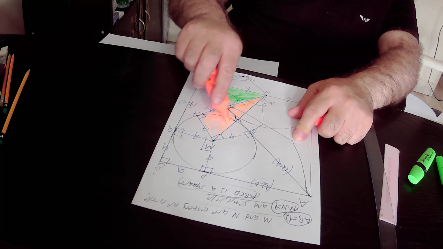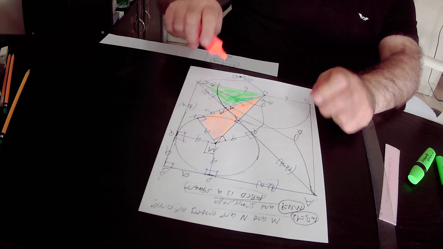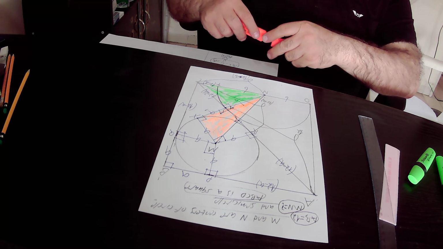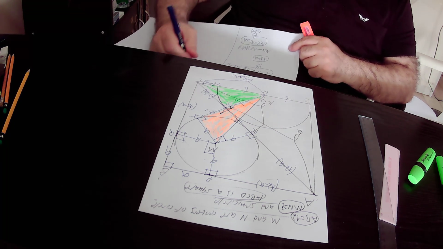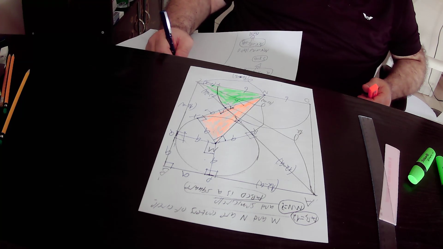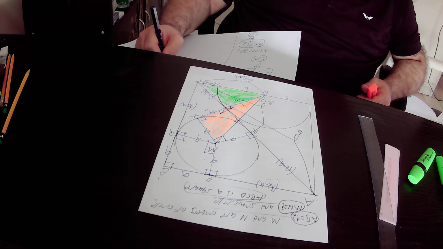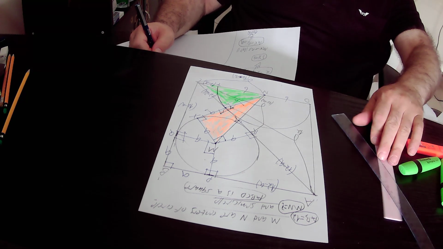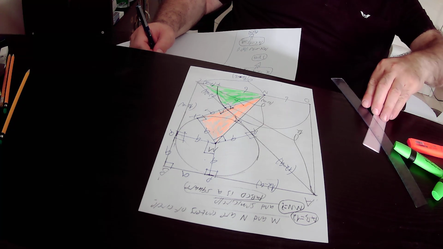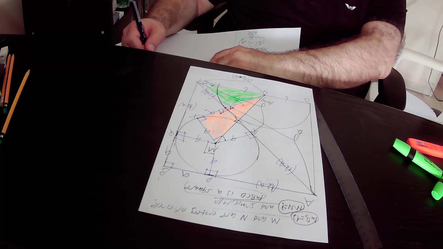According to the Pythagoras theorem, in the green right triangle MXN, the square of the hypotenuse equals the sum of the squares of the perpendiculars.